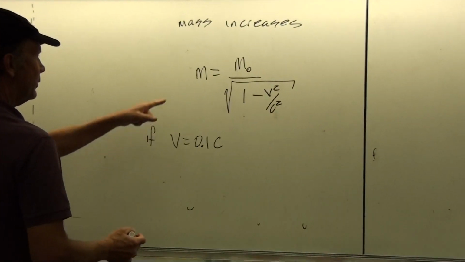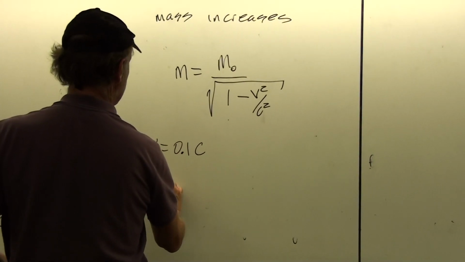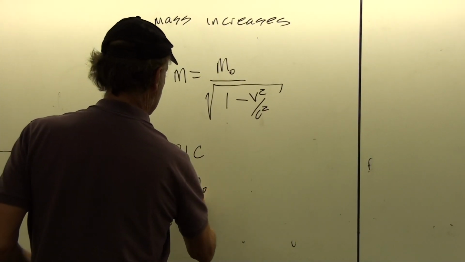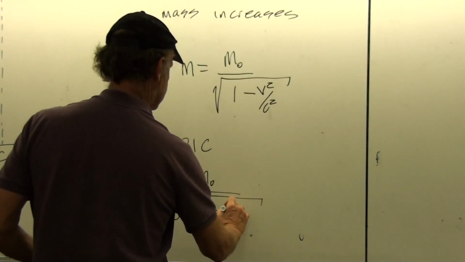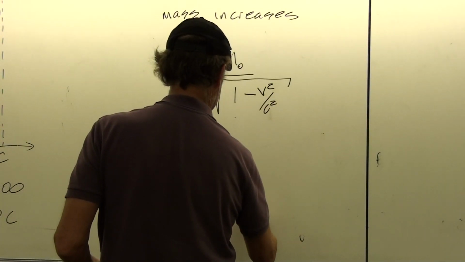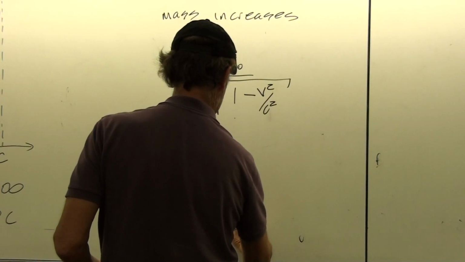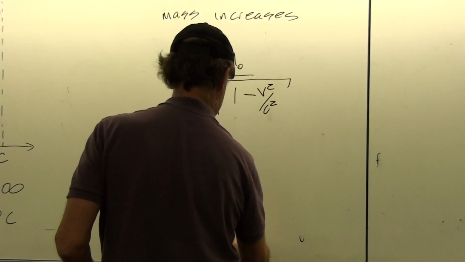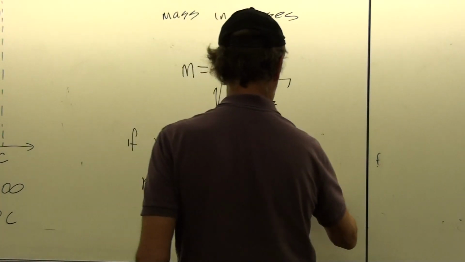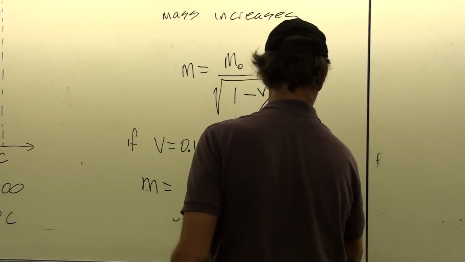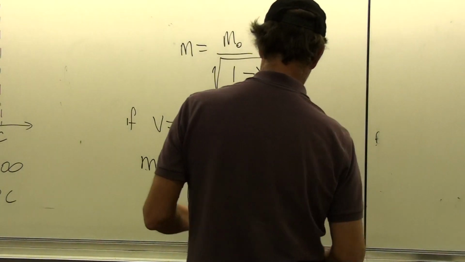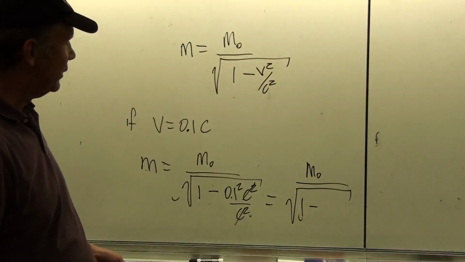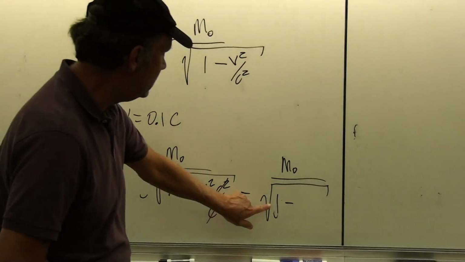Okay, and so if we plug that into this expression, we'll get m equals m naught divided by square root of 1 minus 0.1 squared, c squared over c squared. And so that'll be m naught divided by square root of 1 minus, well, 1/10 squared is 1/100th, or 0.01.